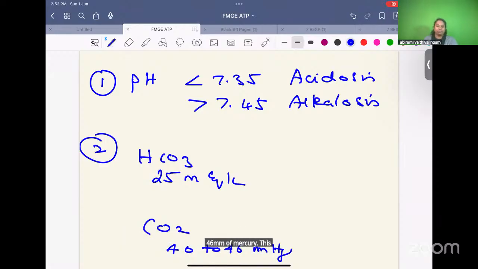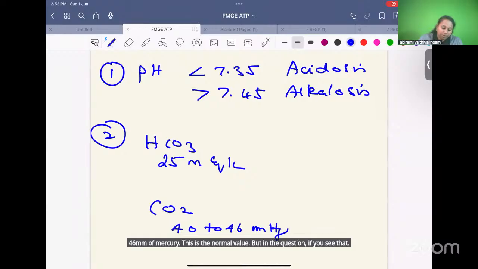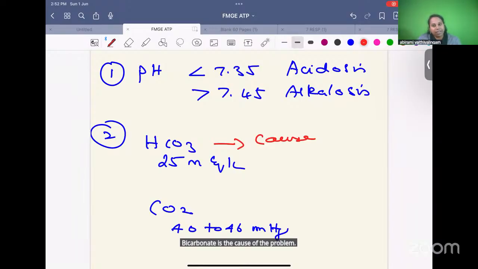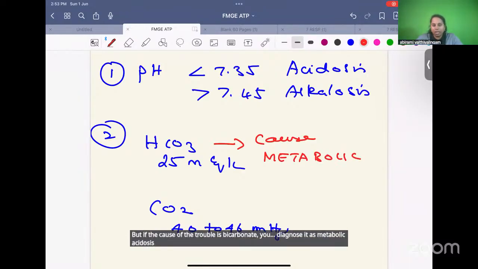This is the normal value. But in the question, if you see that bicarbonate is the cause of the problem, if you have identified acidosis or alkalosis, you diagnose it as metabolic acidosis or metabolic alkalosis.